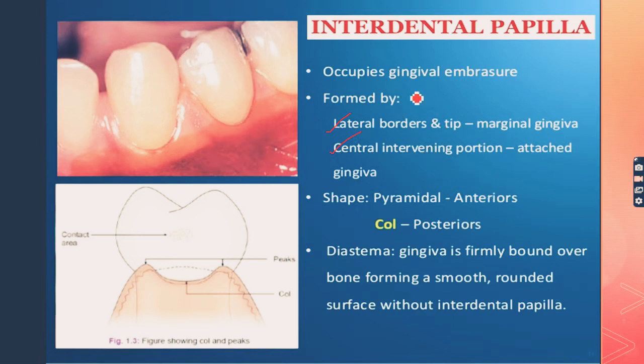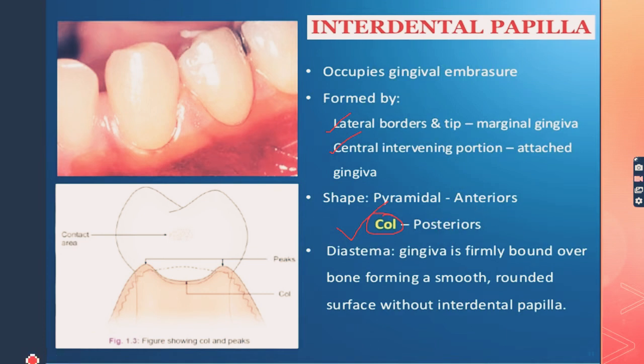It means it is formed by the marginal gingiva and attached gingiva. Now come to shape. It is pyramidal in anterior teeth and cone shaped in posterior teeth.